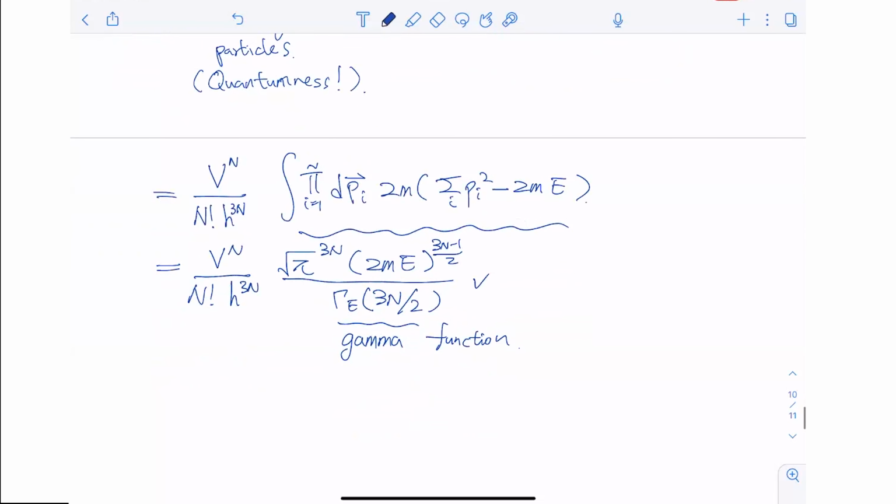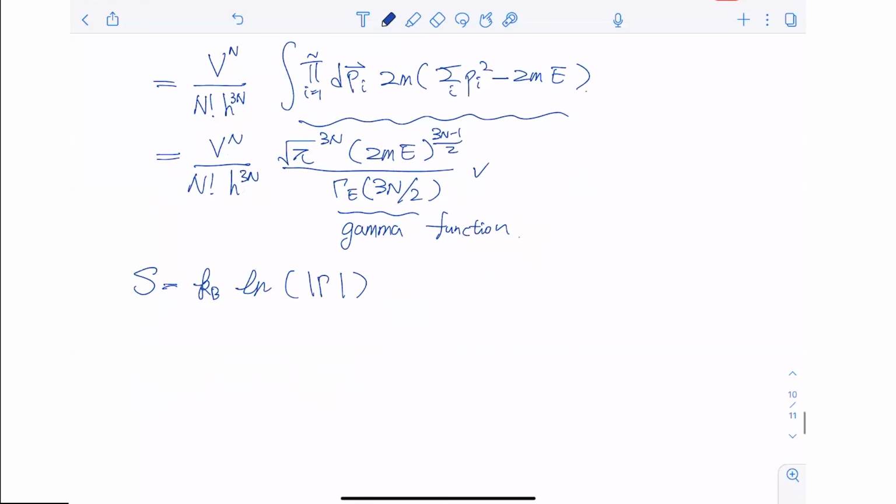So how do we evaluate the entropy of that? It's also simple. We just multiply k_B with the natural log of the phase space volume. Okay.